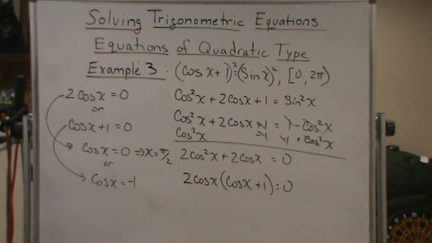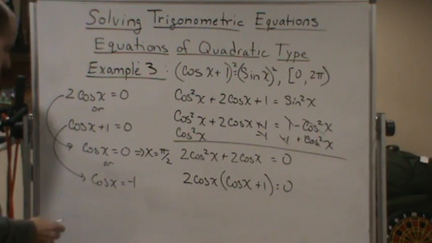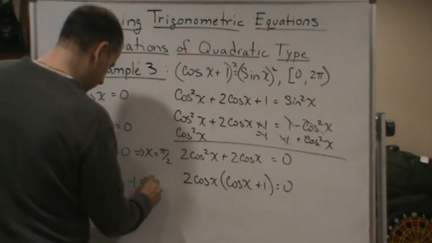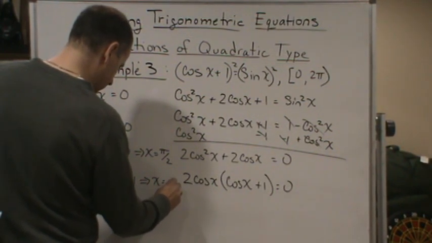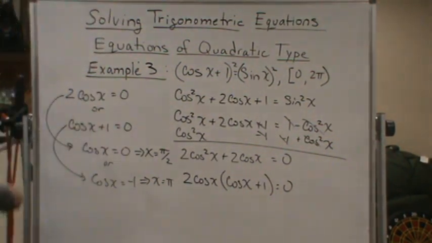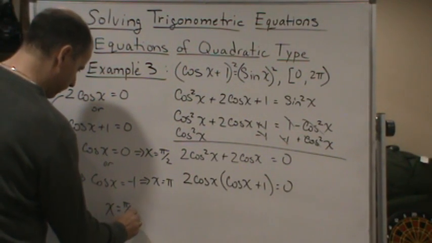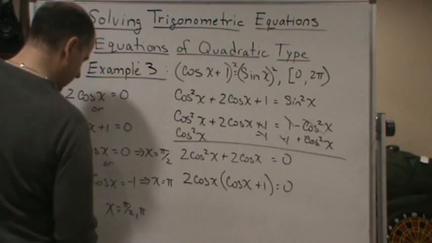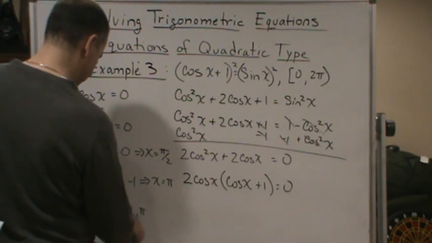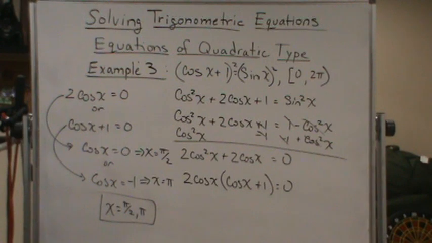Cosine is negative 1 at pi, right? So that implies x is equal to pi. And so those are your two solutions. So x equals pi over 2 and pi. And those are the solutions to the trigonometric equation.